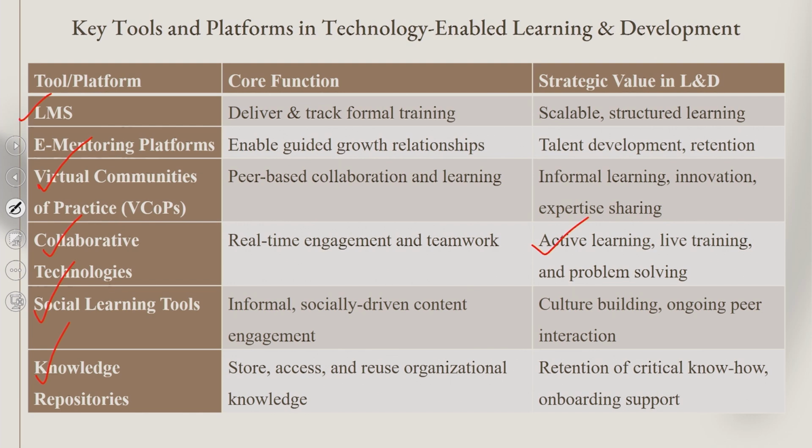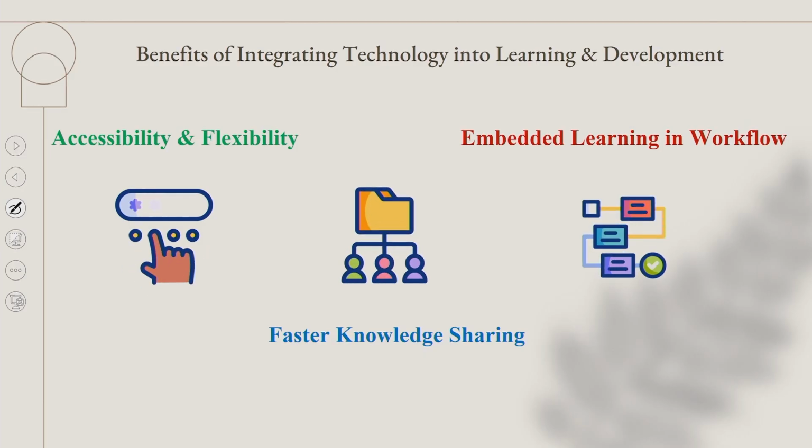But that said, the strategic value in learning and development would be retention of critical know-how, onboarding support, etc. Now, before concluding, we have to look into certain aspects, which include the benefits of integrating technology into learning and development. When you talk about technology, it has transformed learning and development into a more accessible, scalable, and responsive function.